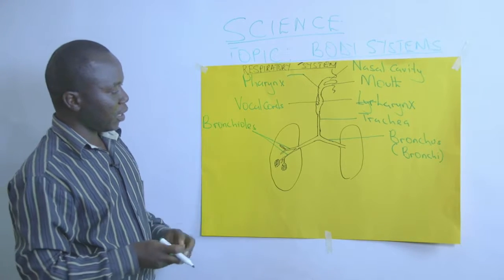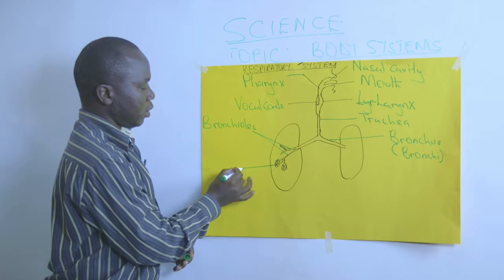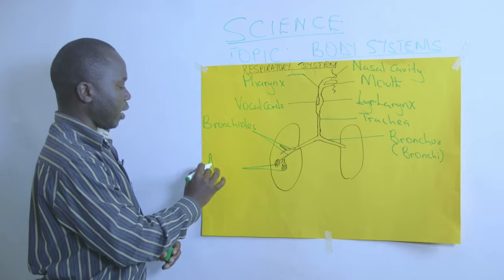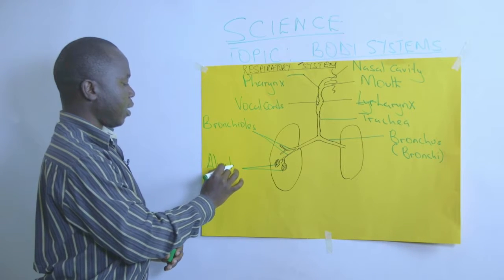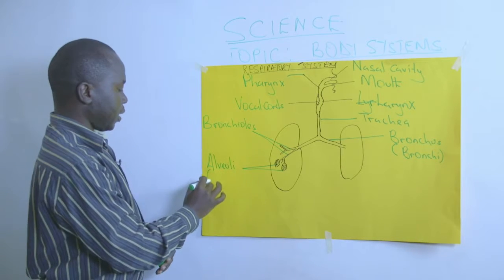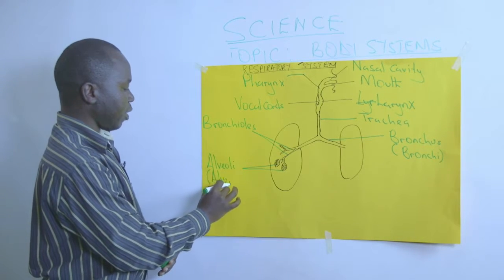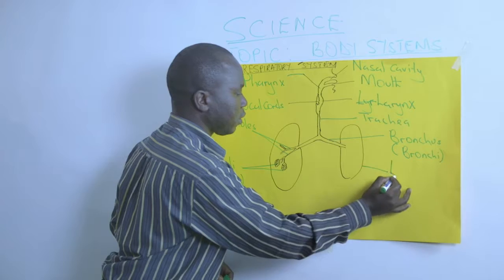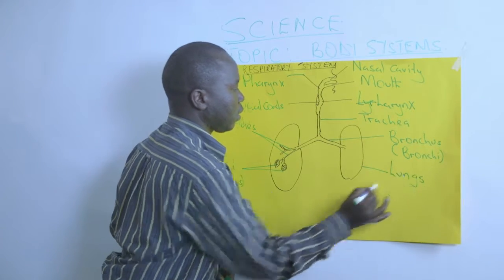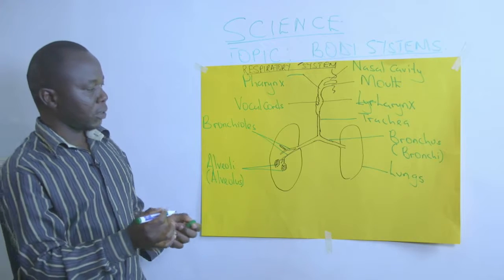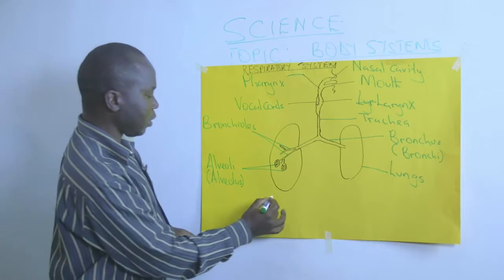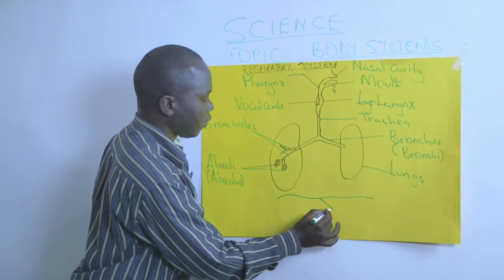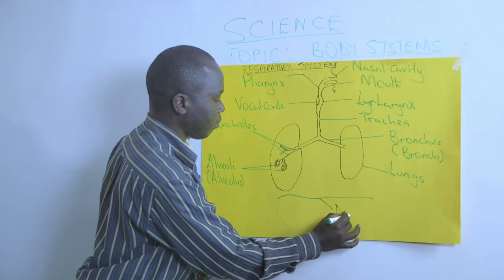And then the bronchioles further terminate into air sacs called the alveoli. If there are many, it is alveoli, but the singular form is alveolus. And then we have the lungs. All of this is housed in what we call a chest cavity. Down here, we have a muscular sheet called the diaphragm.